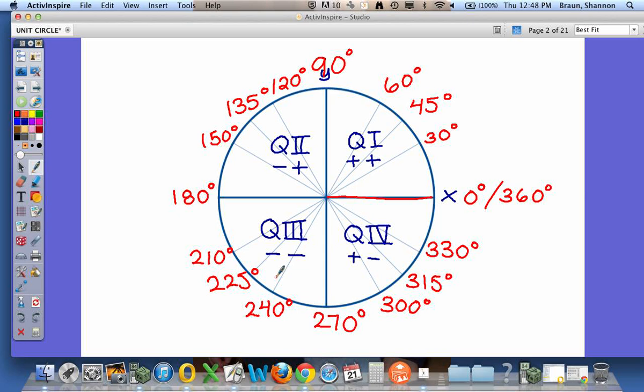Or a negative 240 would be the same as a positive 120, depending upon how you rotate. Those are called coterminal angles. Any angle that finishes at the same location on your unit circle is said to be coterminal, like I said about 0 and 360. We'll talk more about those in just a second.